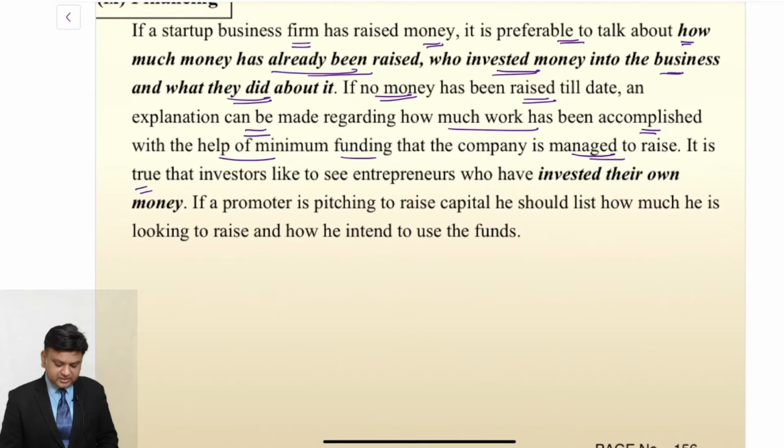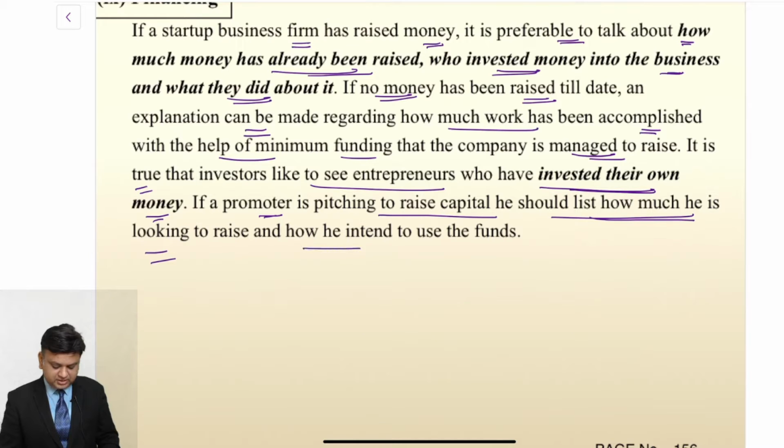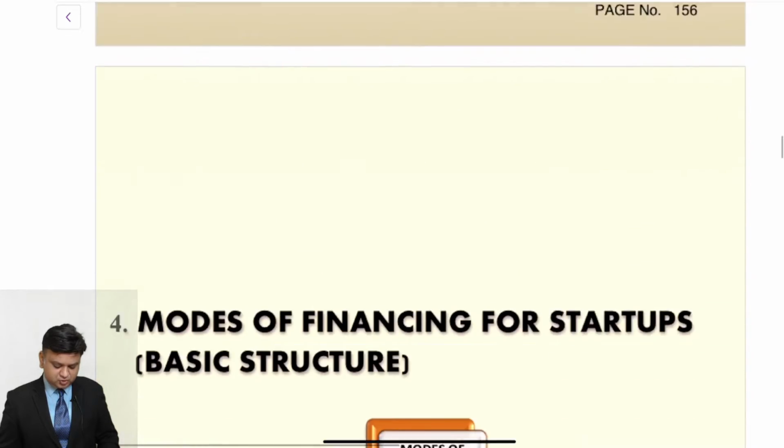It is true that investors like to see entrepreneurs, and this is important, who have invested their own money. If a promoter is pitching to raise capital, he should list how much he is looking to raise and how he intends to use the funds.